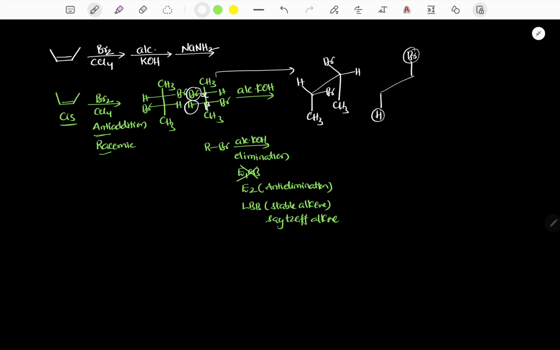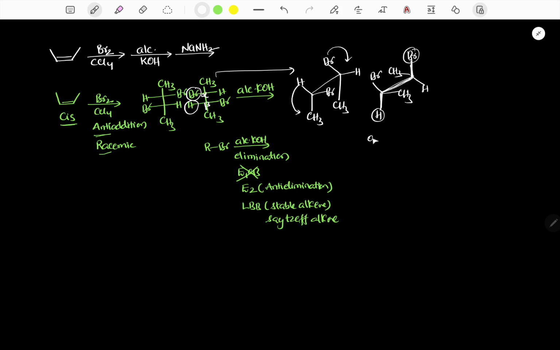This is called anti-periplanar geometry. If the bonds are like this, it is called anti-periplanar: on the same plane and opposite side. The corresponding groups are here bromine and here CH3, and the other groups are CH3 and hydrogen. So Br comes here and H comes here.